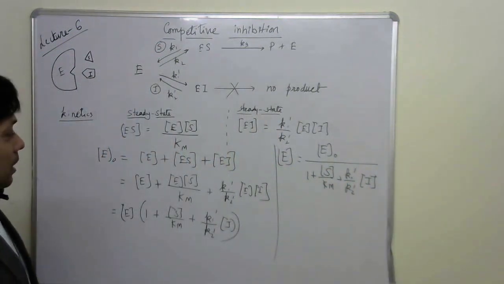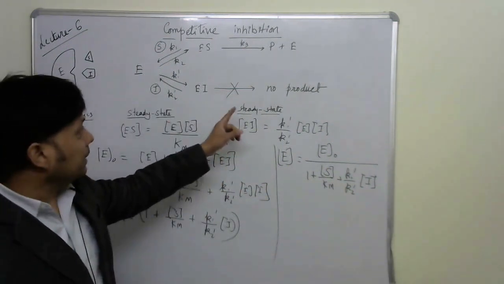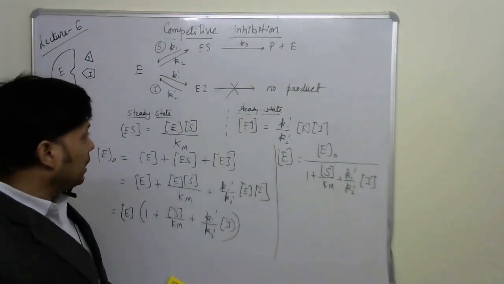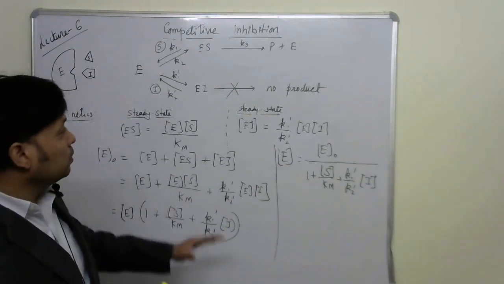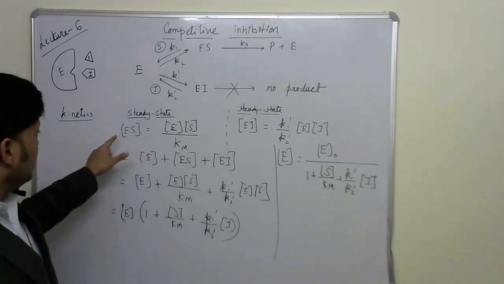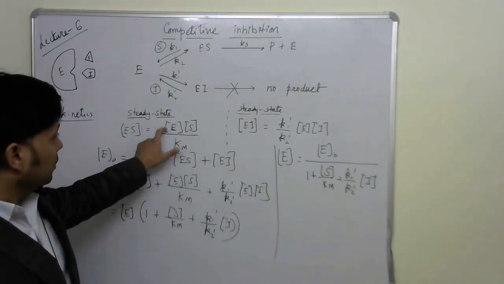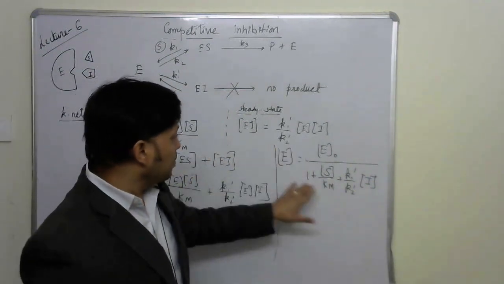Okay, so what we are going to do now is find the inhibited rate. So the inhibited rate is equal to K3 multiplied by ES, and ES is actually this, and so this E can be replaced by this equation.